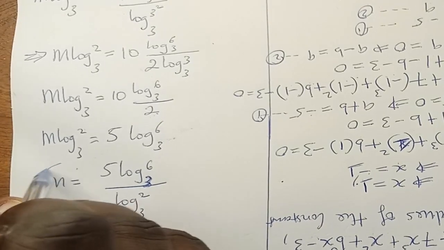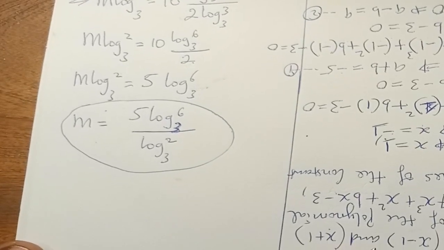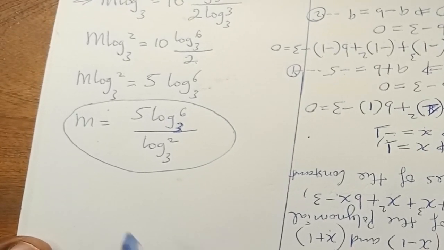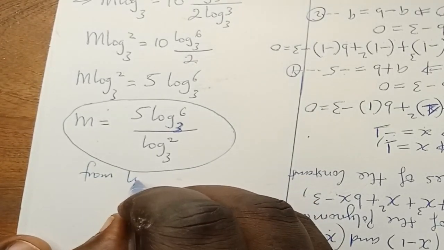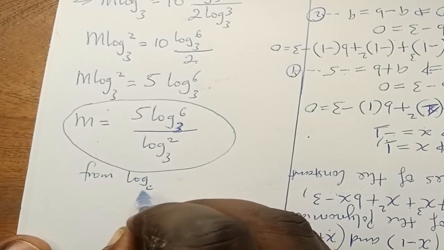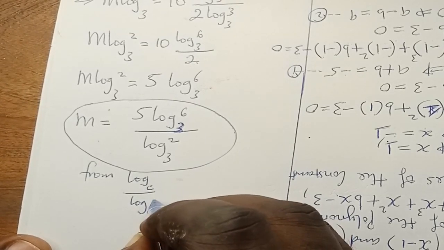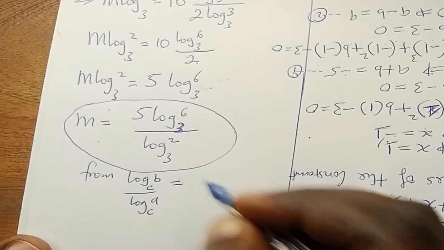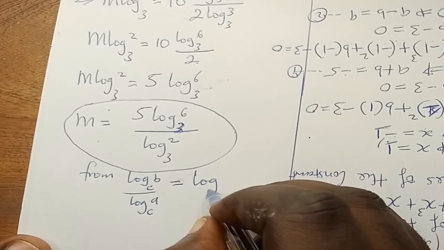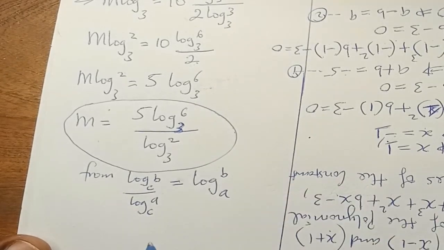And now from this expression that we have here, we have a formula that states that whenever we have an expression of this sort, the formula states that, from the formula, log to the base of c and log to the base of c, that is the same base but different power, like power a and power b, it's still going to be the same as log of just a and b, while we omit the base.